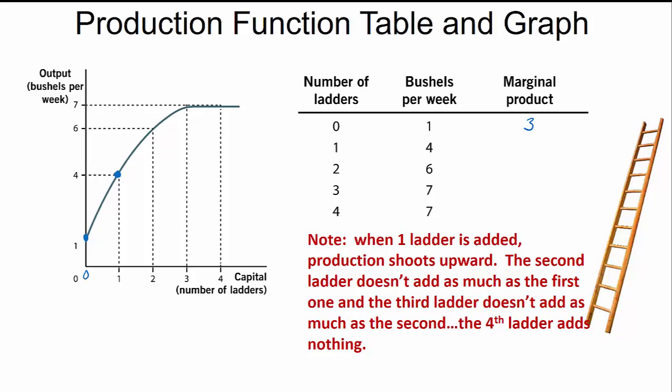When he moves up to the second ladder, now he's at 6 bushels of fruit. So he's added 2 bushels of fruit. So we have 0 or blank, and then this is 3, and then 2 is the marginal product of the second ladder. A third ladder puts him up to the production of 7, so the third ladder adds 1 unit of production. And then finally, a fourth ladder, you see where the curve is just flat? Well, that means that the fourth ladder didn't add anything to his production, so the marginal product was 0.